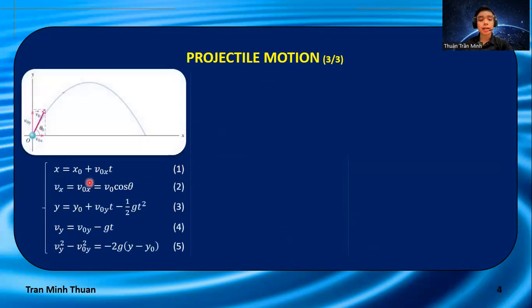Okay, so here is the system of 5 equations. Now substitute t from equation 1 into equation 3.